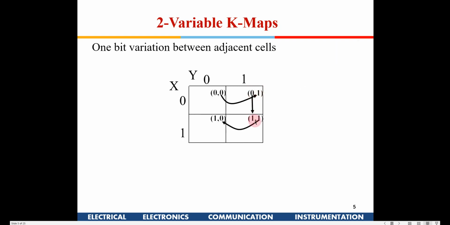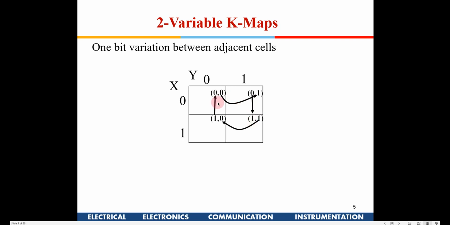From this cell to this cell, the 1 remains the same, and the other is changing from 1 to 0, and from bottom to top also, going from here to here, you will find 1 0 is there. So this is a very important property of the KMap, that two adjacent cells will have only a variation in one of the parameters. Both the terms will not have a change.